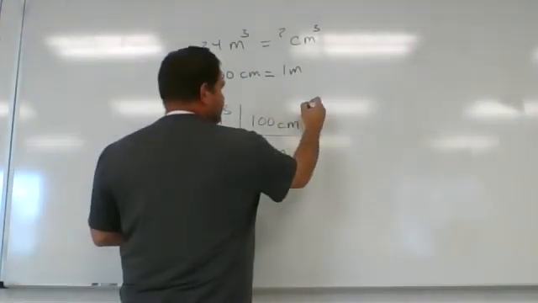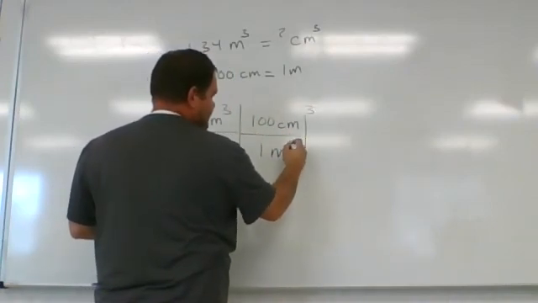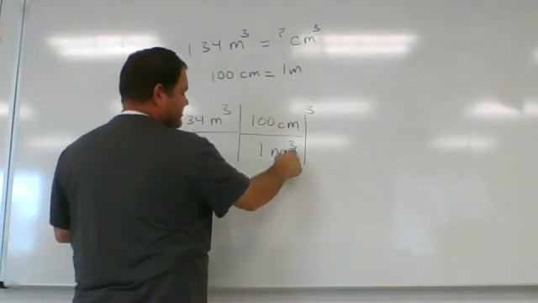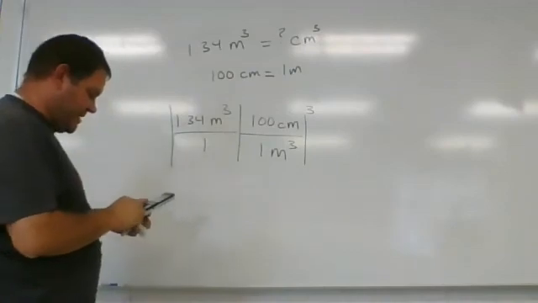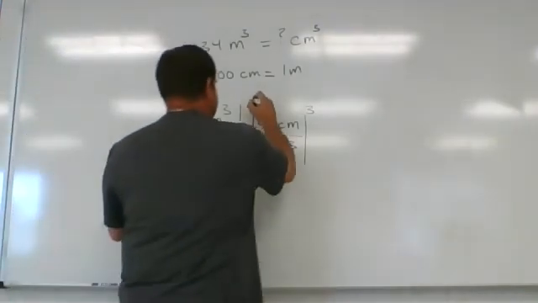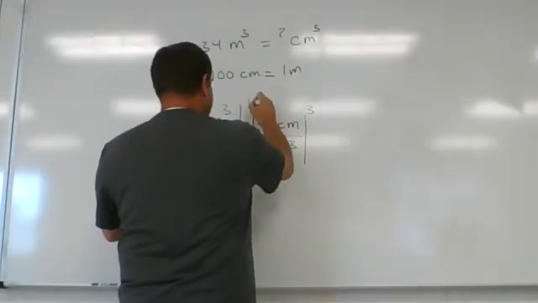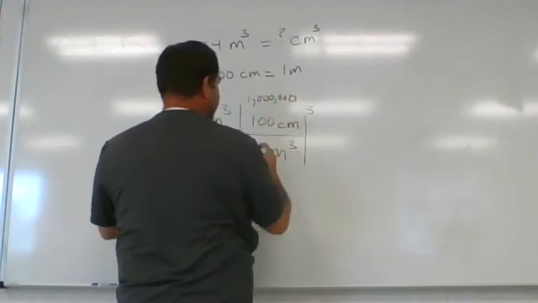Okay, now if I divide, that only gets rid of one of the meters, not all cubics. So what I have to do is I need to cube this whole thing. So I need to take 1 cubed, which is 1 meter cubed, and then I need to take and cube 100. So I can just take my calculator if I need to, and 100 cubed, right, of course, is 1,000,000, okay?